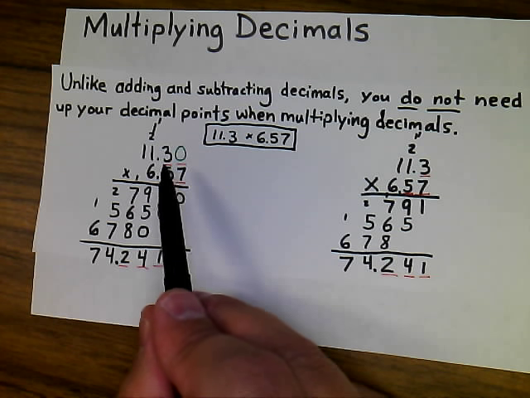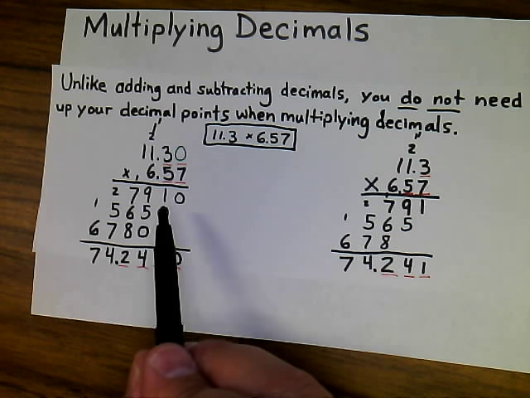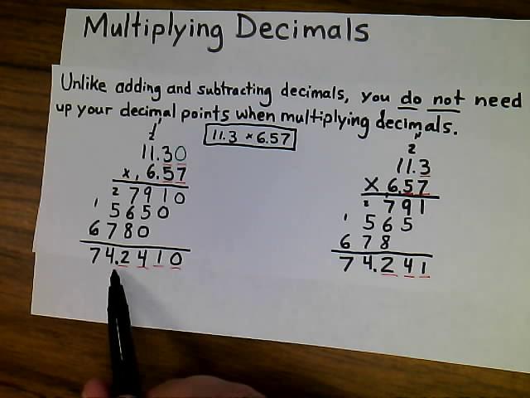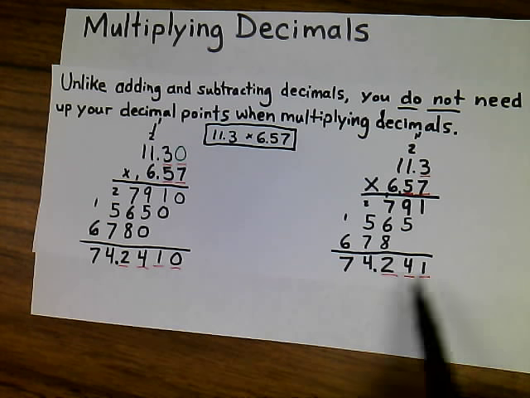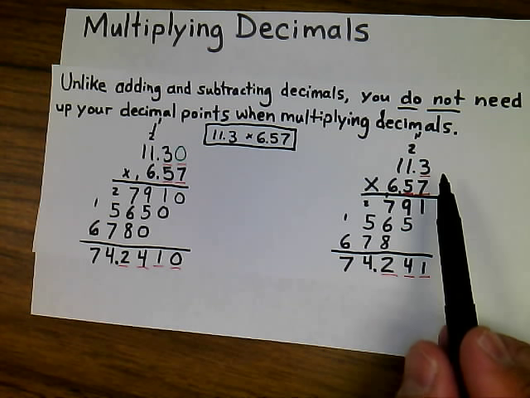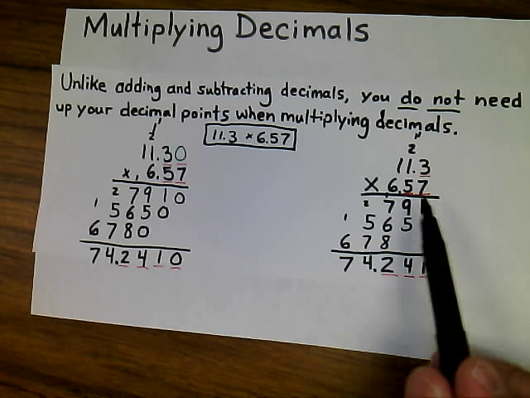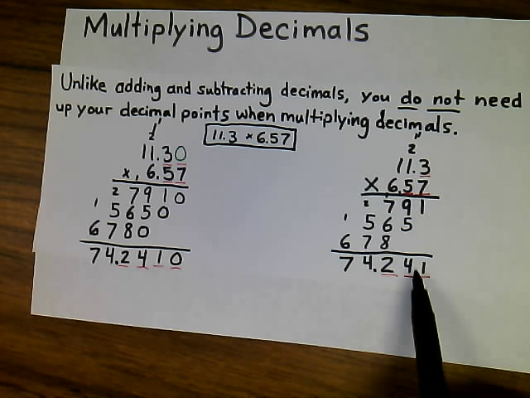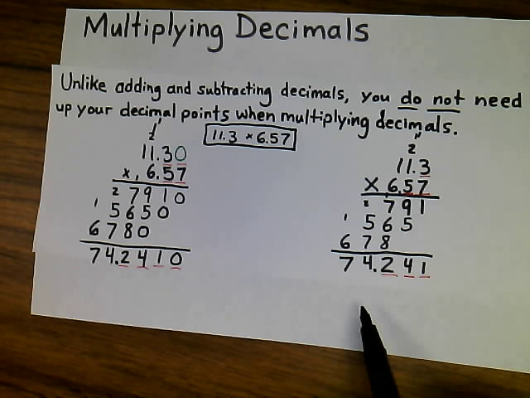In this example, you'd count 1, 2, 3, 4 decimal places, and so therefore 1, 2, 3, 4 decimal places in your product. Over here, because we didn't have the extra 0, because we didn't line up the decimals, we only have 1, 2, 3 places in our factors, so we only have 1, 2, 3 places in our product.